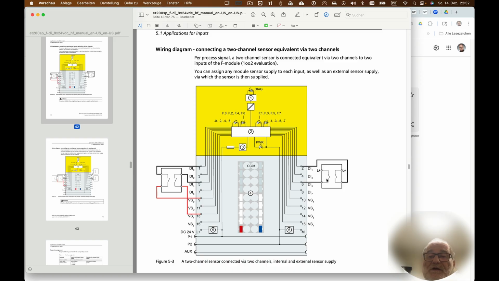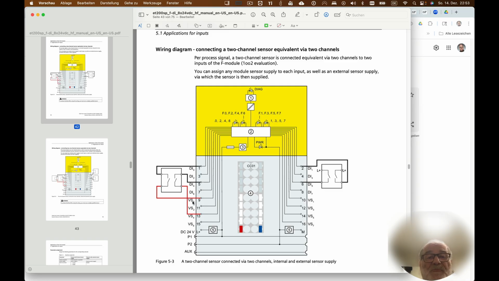And here it is with an external power supply. So let's say you do have an emergency stop where you also have to watch a short circuit monitoring, and for short circuit monitoring you have to use the responding power supply or sensor supply to the responding input.